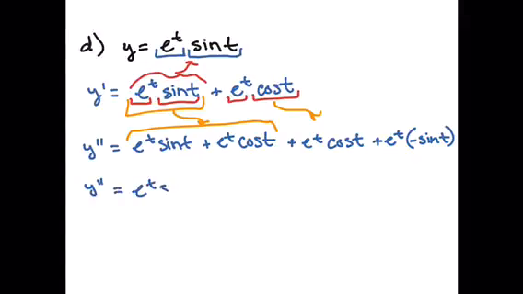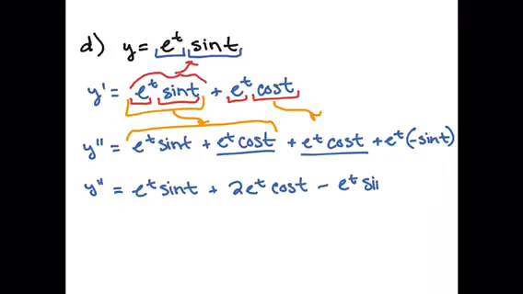This is e to the t sine t. Here I see 2 e to the t cosine t terms. And then we have minus e to the t sine t. So e to the t sine t minus e to the t sine t goes to 0. And our answer is just 2 e to the t cosine t.